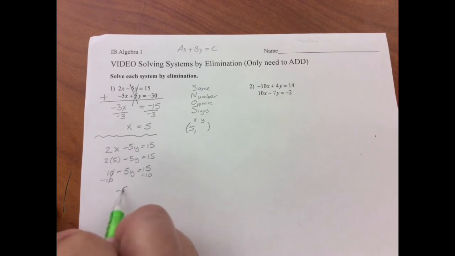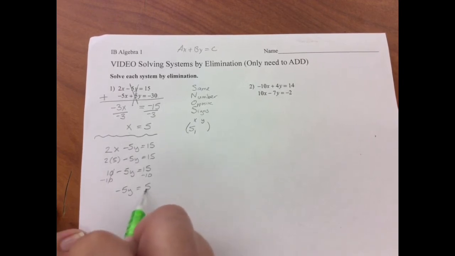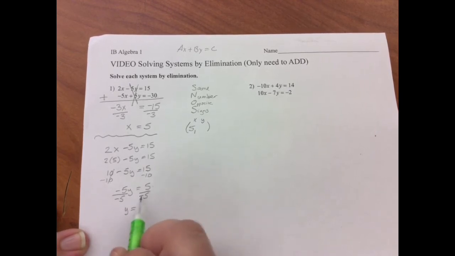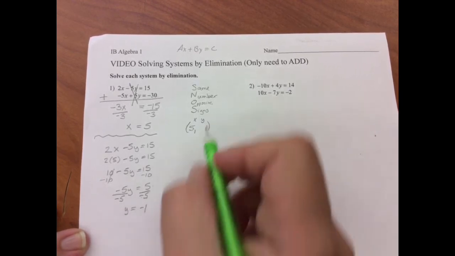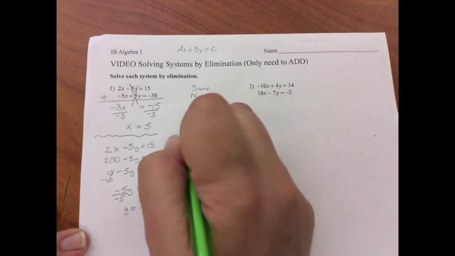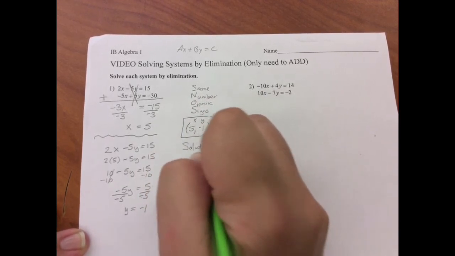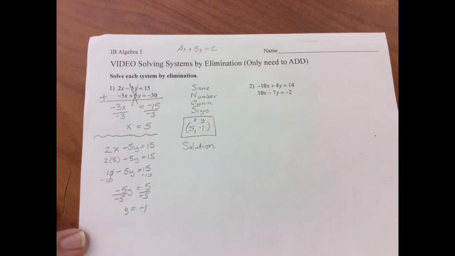So I get negative 5y equals positive 5. Now I'm going to divide by negative 5 to isolate that variable. Y is going to equal 5 divided by negative 5, which is negative 1. So I'm going to put that into my ordered pair, and there is my solution to this system. When I have both of the equations in standard form, I can use elimination to help me solve it.